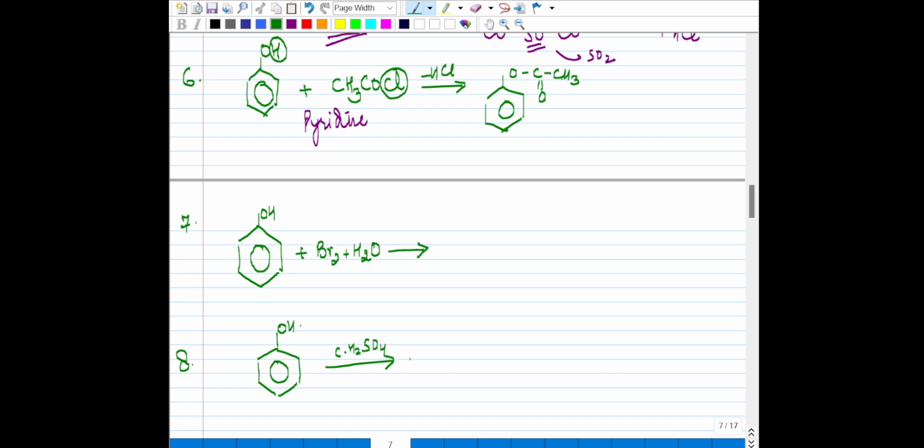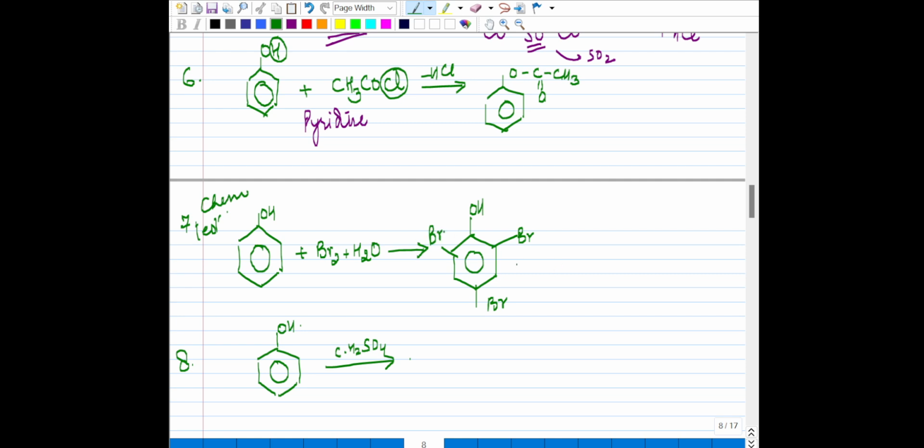Next, when we take phenol with bromine water. So when we add bromine water, then in that case it forms white color precipitate. Now this reaction acts as a chemical test also for phenol. So what will happen when bromine water is treated with phenol? You get white precipitate of 2,4,6 tribromophenol. So this is phenol, on second carbon, fourth carbon and sixth carbon, bromine is substituted.